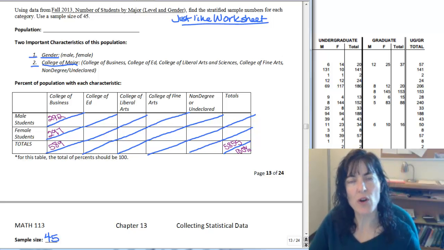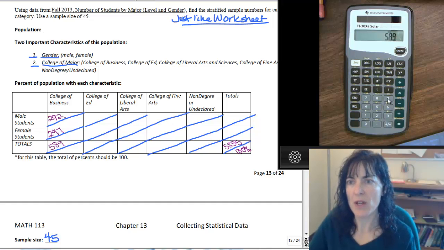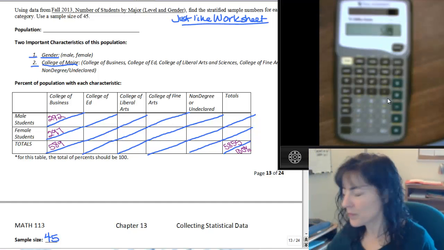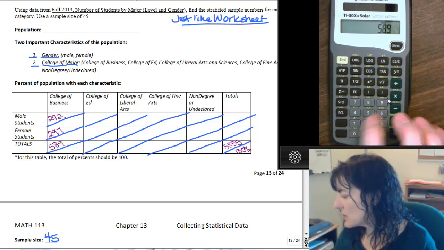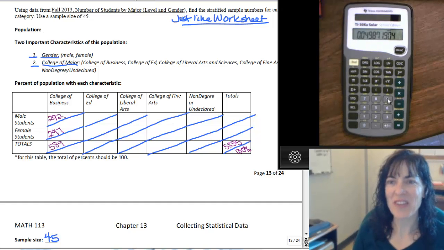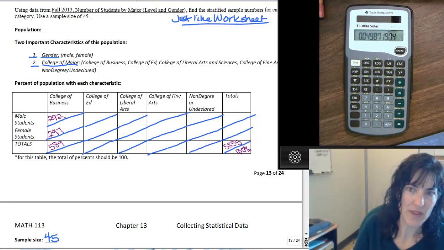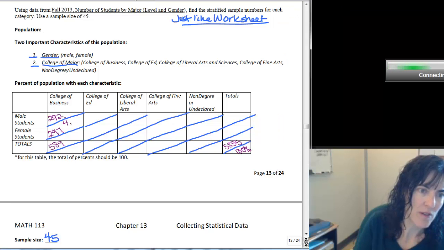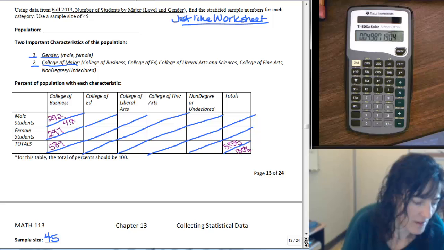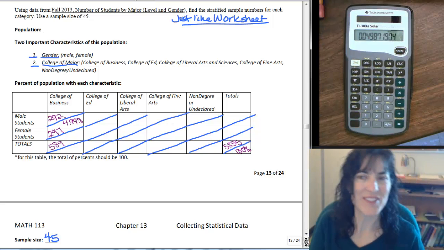So coming back to the College of Business males, I have 292 out of 55. 292 out of 55, that gives me 0.0498, and there's a 7 after, so it's going to be 4.99%.